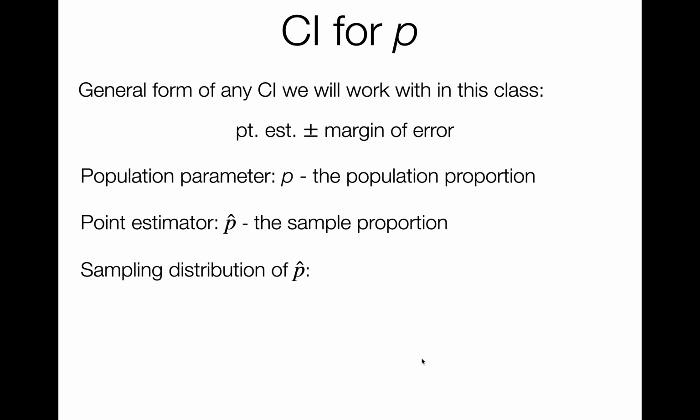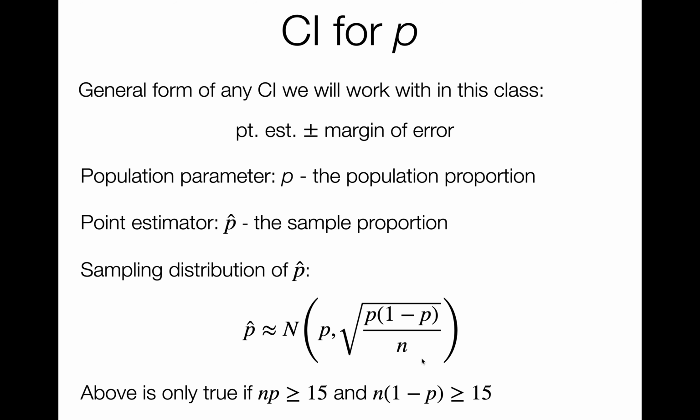If you remember way back in Chapter 7, P hat is approximately normal with a mean of P and a standard deviation of the square root of P times 1 minus P divided by N. This is only true if both N times P, where N is the sample size and P is the population proportion, is greater than or equal to 15, and also N times 1 minus P is greater than or equal to 15.